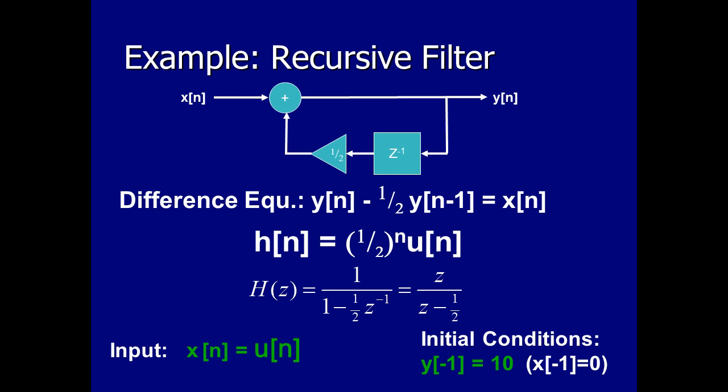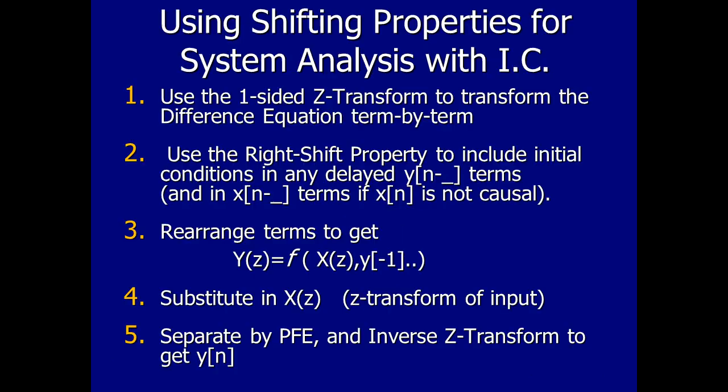Alrighty then, so let's go to work. y of n minus 1/2 y of n minus 1 equals x of n. That's our difference equation. Now that I've got that, let me put the process back up there so we can follow along with it.